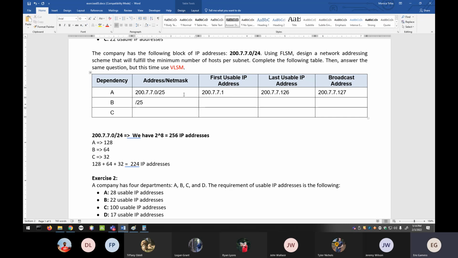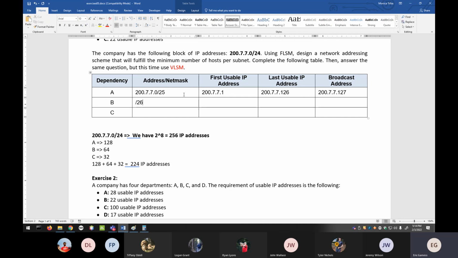No. Too big. What I want to give to B is 64. So it cannot be a /25. So it has to be smaller than the /25. Let's try a /26. If it's a /26, which is smaller, how many IP addresses will I be giving to B? 64. So B has to be a /26.